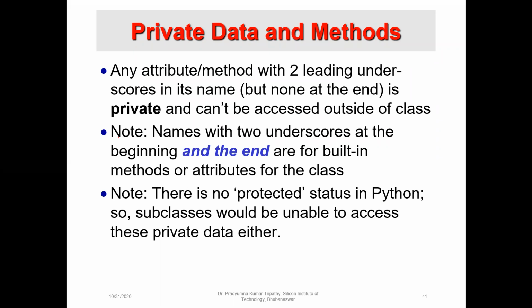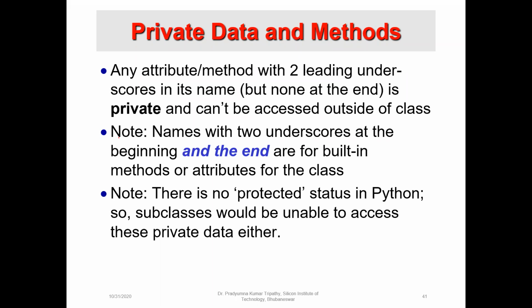Before the method, if I give two underscores, that becomes a private method. Names with two underscores at the beginning and the end are for built-in methods or attributes of that class. Now you do not ask about protected, which is there in C++: private, public, and protected. But here there is no protected status in Python.